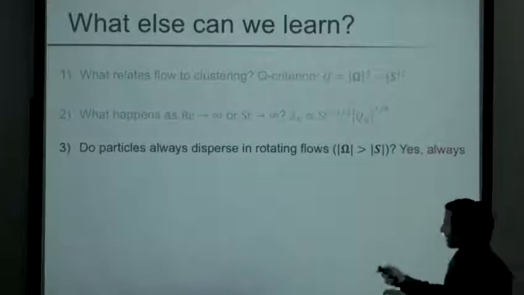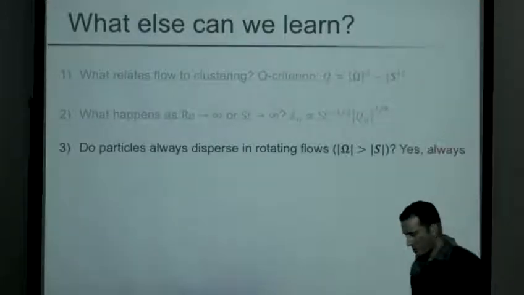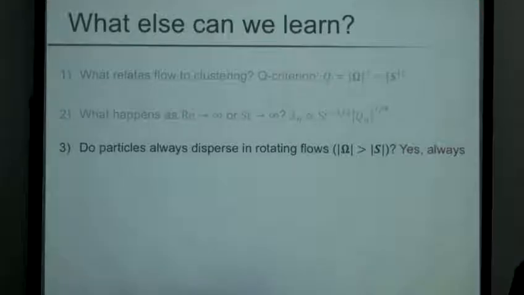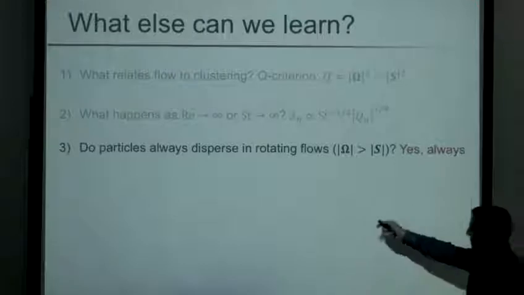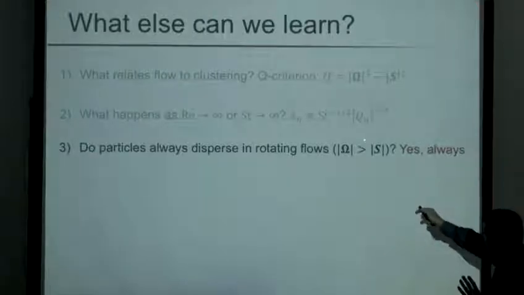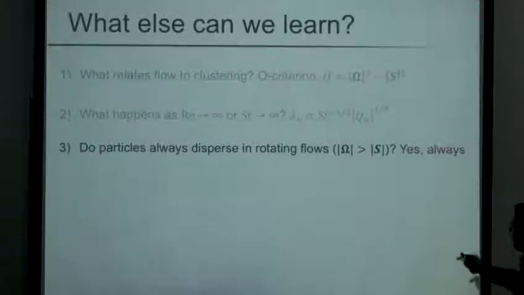Another thing that you might ask is that if you construct a rotating flow, and what I mean by that is that basically if you calculate the norm of velocity gradient tensor, is it positive all the time? So that's what I mean by rotating flow, larger than basically the norm of a strain rate. And the answer to that question is that yes, always particles would disperse in a rotating flow.